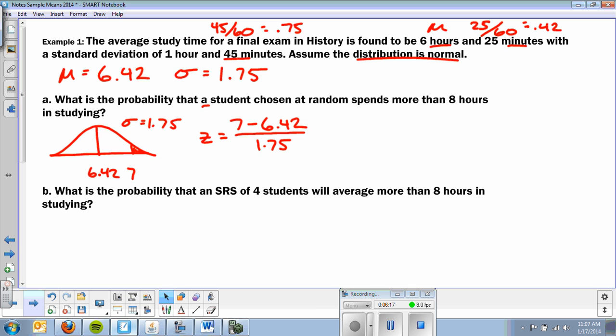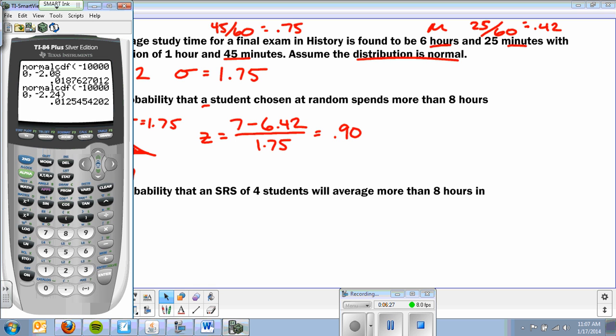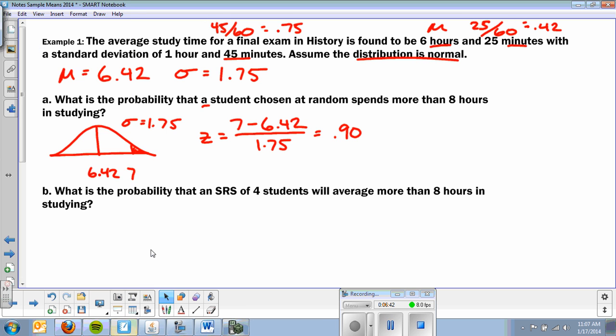So in this problem, we'll get a z-score of 0.90, and again, I'm going to use my calculator. Second distribution, normal CDF, min, now it says greater than, so my min is 0.9, and my max is 1 and a bunch of zeros, and I get 0.1841.